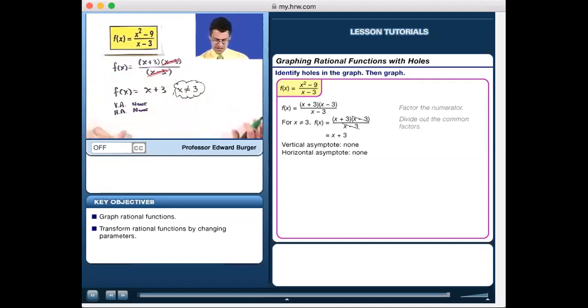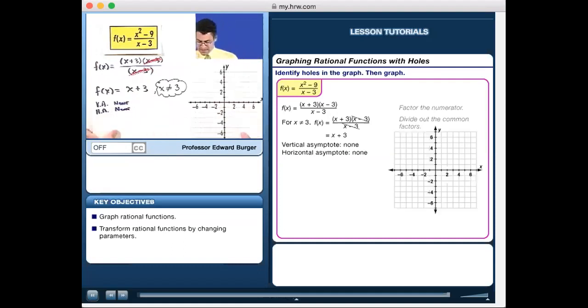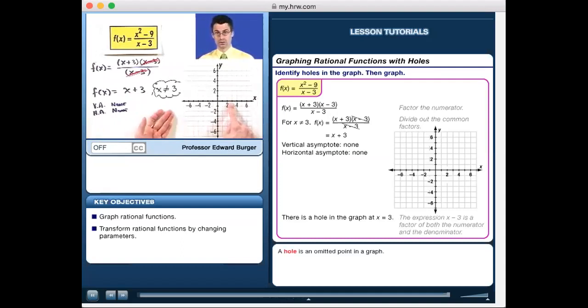This is really strange, because if you want to graph this, you know what the graph is. That's a line. It's a line, but x can't equal 3. What does that mean? It means that we cannot have a point at 3. So at 3, we have to actually have what's called a hole.